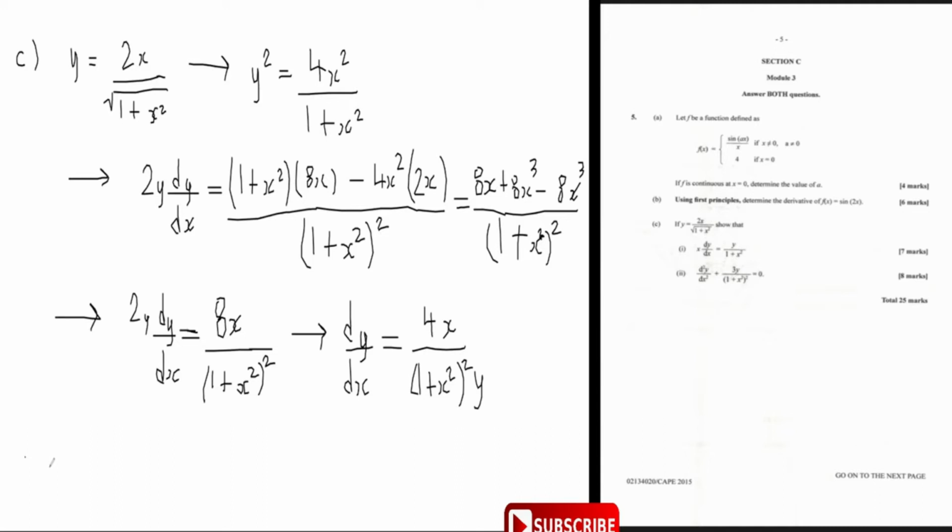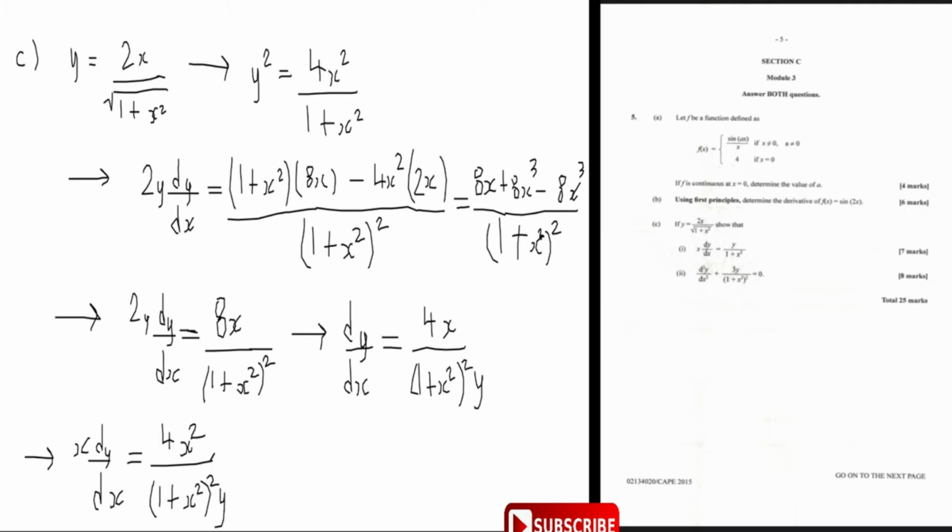What that is giving us then is x dy by dx is going to be equal to 4x squared over (1 plus x squared) all squared times y.